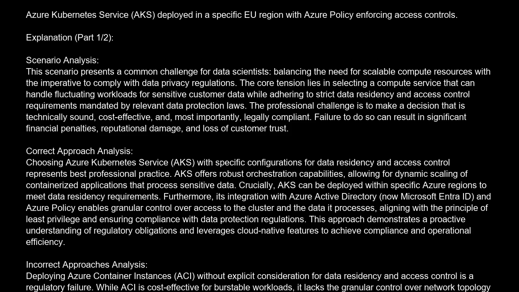Furthermore, its integration with Azure Active Directory, now Microsoft Entra ID, and Azure Policy enables granular control over access to the cluster and the data it processes, aligning with the principle of least privilege and ensuring compliance with data protection regulations. This approach demonstrates a proactive understanding of regulatory obligations and leverages cloud-native features to achieve compliance and operational efficiency.